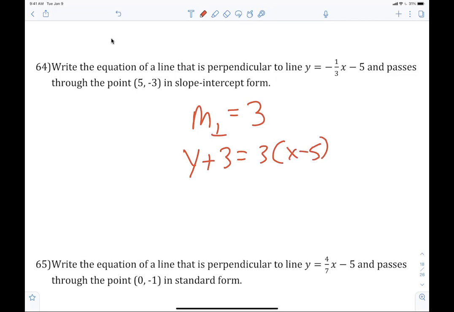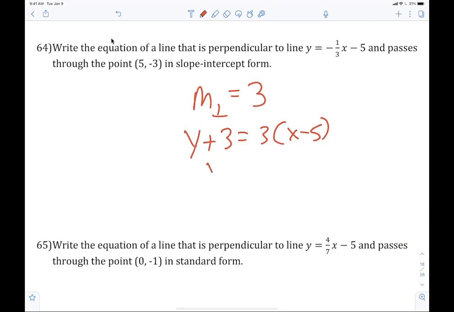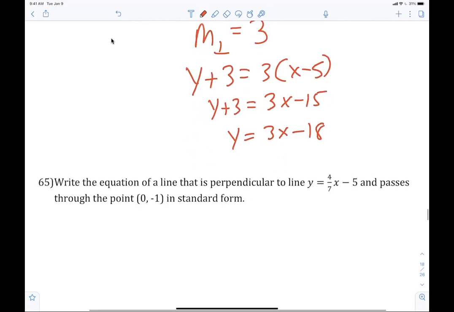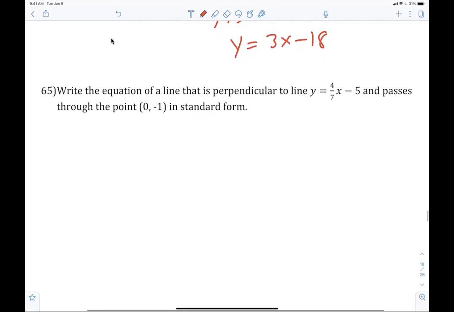Carry on. Y plus 3 equals 3x minus 15. Y equals 3x minus 18. Beautiful. Ben, what do I notice on this problem? Oh, so y-intercept. Yes, thank you, sir. That was good.